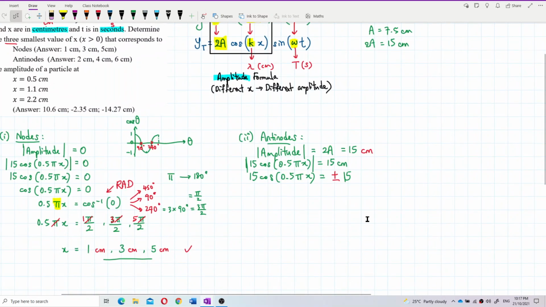Then the 15 and the 15 can be cut off. So what do we get? Cosine 0.5 pi x will be equal to positive negative 1. So now anti-cosine.